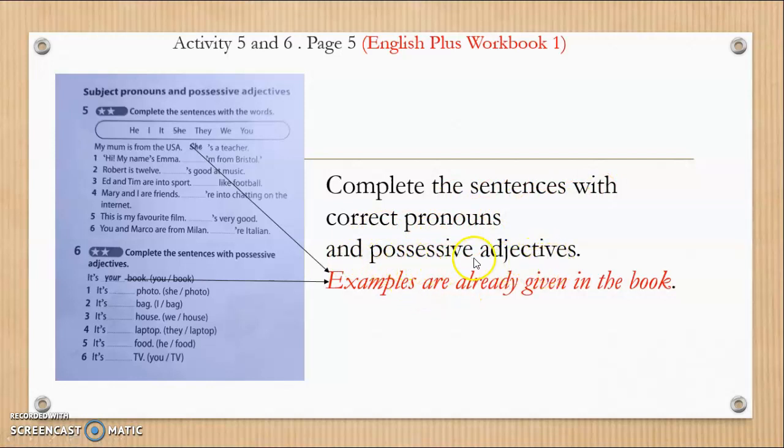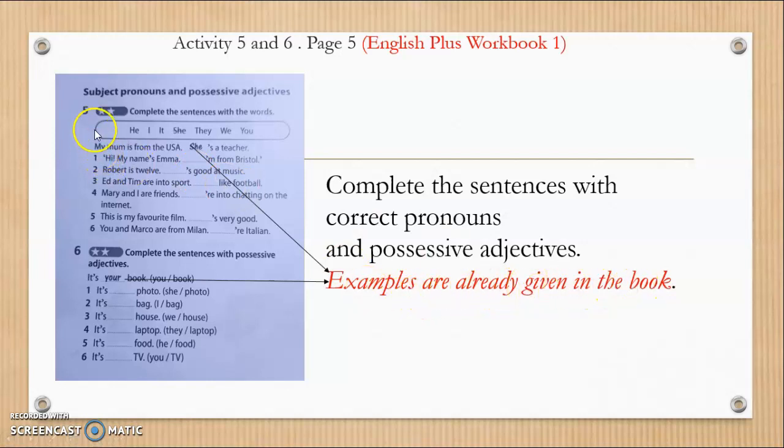Possessive adjective means belonging. Belonging is belong to me, belong to them, belong to my teacher, belong to my mother. So you need to know. Examples are already given in the book.